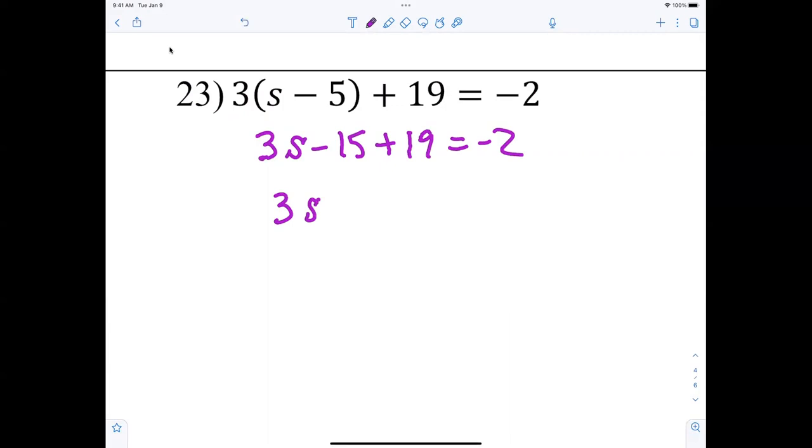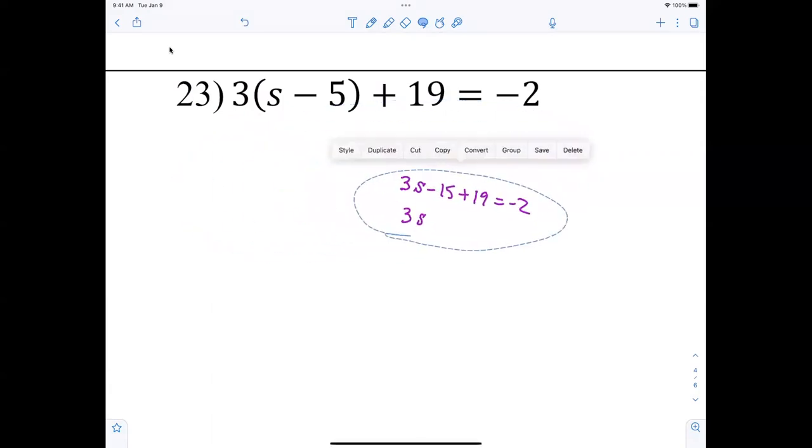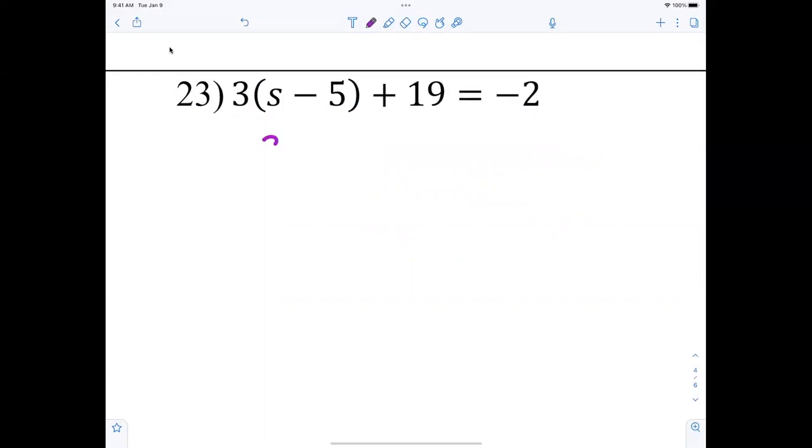Well, I'm asking you what to do. You told me to distribute. What do you want me to do now? Come on. So here we go. So let's cut that out. So I like that. 3 parentheses s minus 5 equals what?